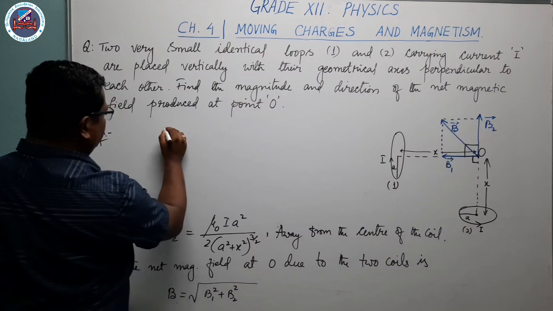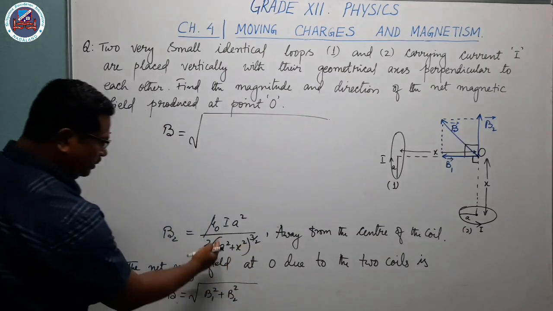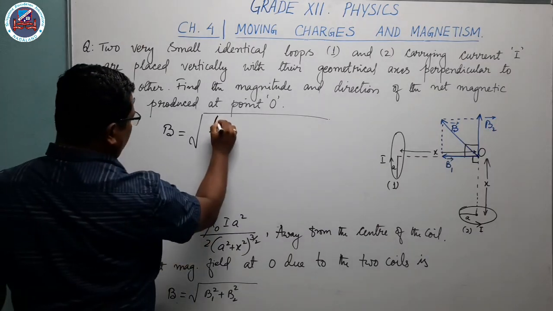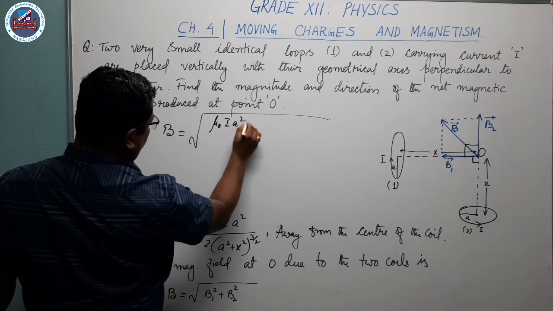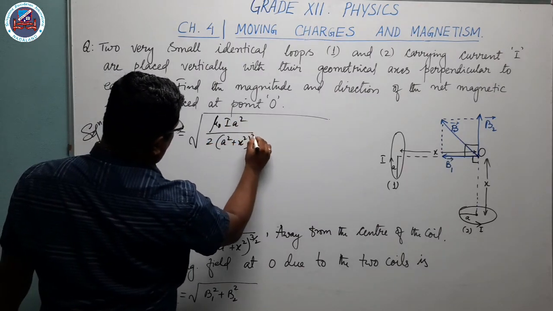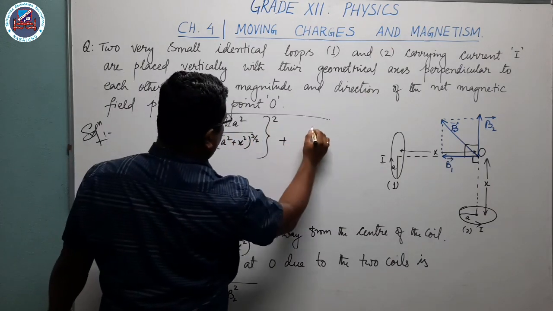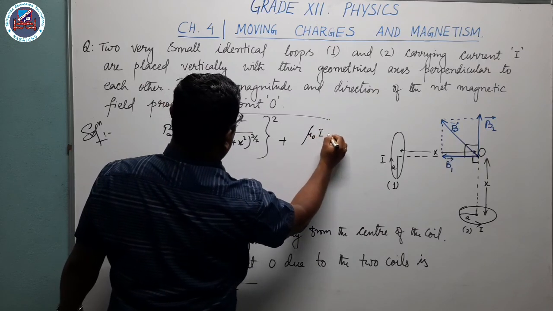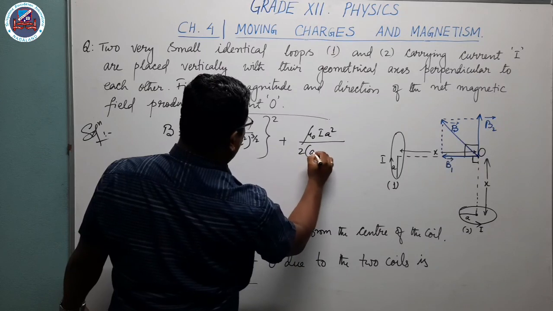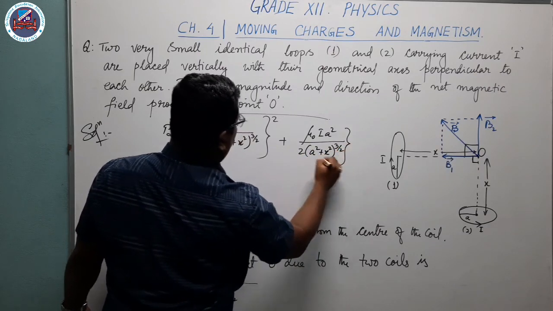So B will be square root of, B1 and B2, their magnitudes are the same, mu naught I a square divided by 2 times a square plus x square to the power 3 by 2, the whole square, plus mu naught I a square divided by 2 times a square plus x square to the power 3 by 2, the whole square.